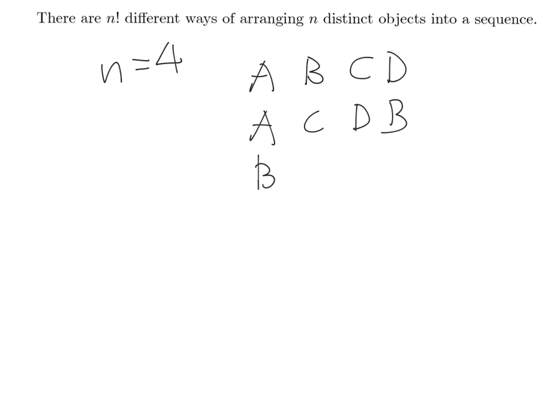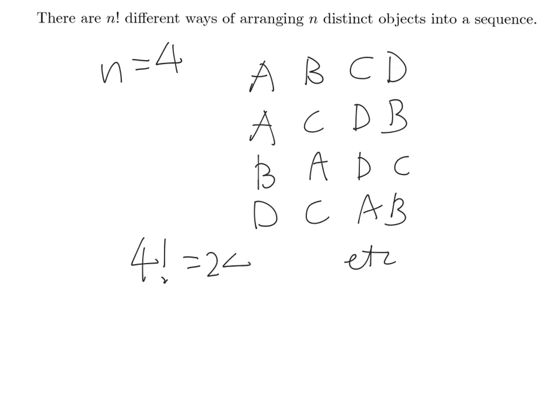For example, if n equals 4, that means we have 4 objects, maybe A, B, C, D. Then we can arrange these 4 objects in any order, maybe A, C, D, B, B, A, D, C, D, C, A, B, etc. Then how many of such arrangements are there? The answer is 4 factorial, or that is 24.